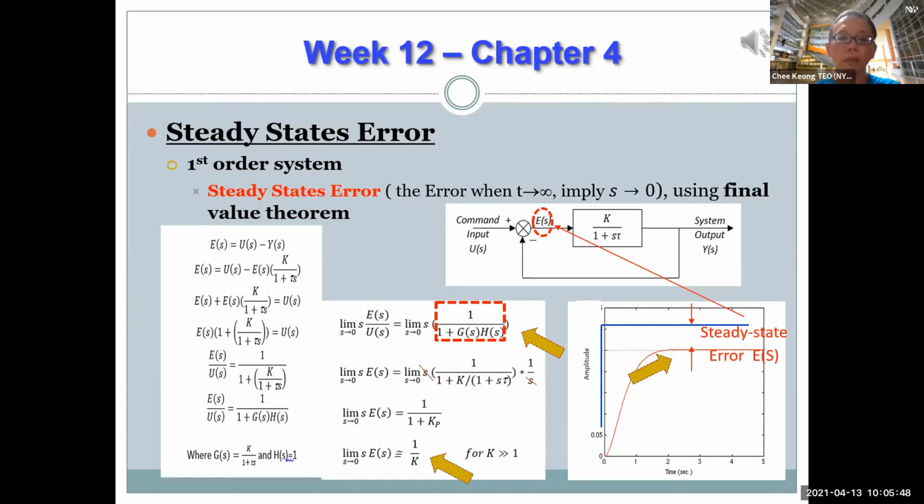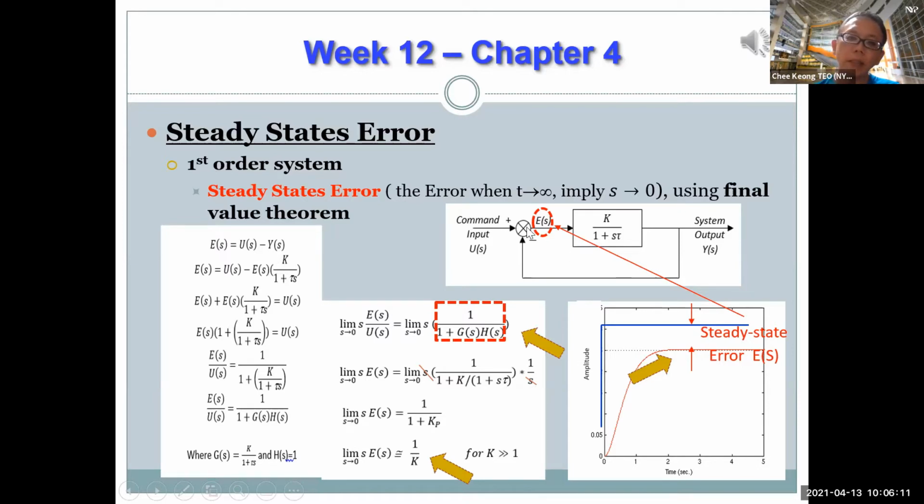Now, in the previous slide, we talked about the steady state output, that is y settling when you wait for a very long time. For this slide, we talk about steady state error, which is instead of looking at the output, we look at the error, and ask when does the error settle down? Because if the output has settled, then the error must have settled, right? So this error must have settled to a certain value.